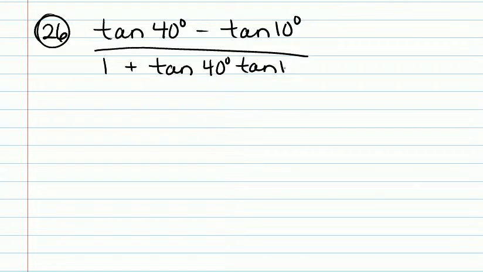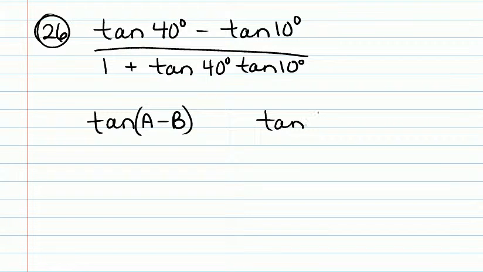So you find a tangent rule, because only the tangent rules have tangents. The one where the minus sign's on the top and the plus sign's on the bottom. So this is going to be tangent A minus B. So we're finding the tangent of 30 degrees because A is 40 and B is 10. And the tangent of 30 is 1 over root 3, which we don't like, and it becomes root 3 over 3.